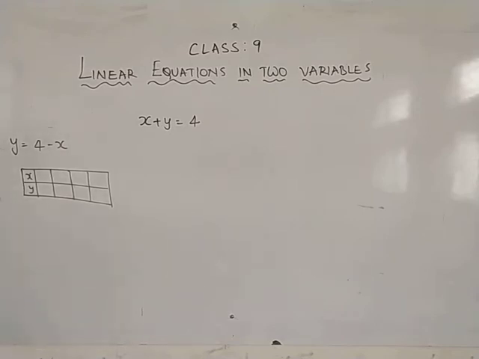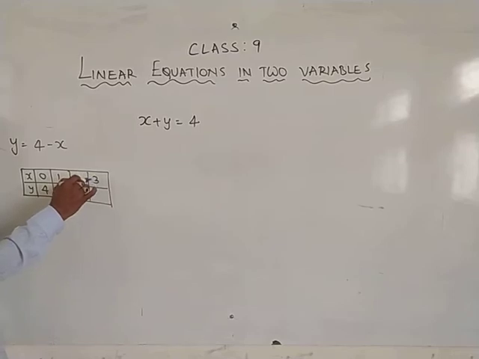So very simple. First I will substitute x equal to 0. Then y equal to what happened? 4 minus 0. How much? 4. If you substitute x equal to 1, 4 minus 1, it is nothing but 3. If you substitute 2, 2.